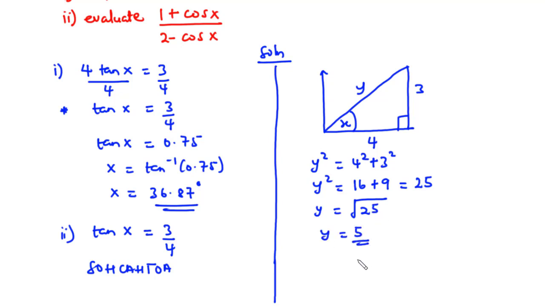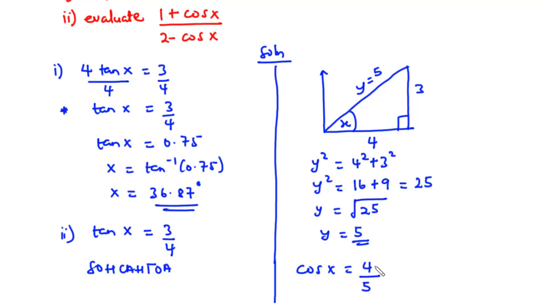Now we are going to find cos x. So cos is adjacent over hypotenuse. So we have the adjacent side to be 4 divided by the hypotenuse, which is y, and that is 5. So we have 4 over 5.